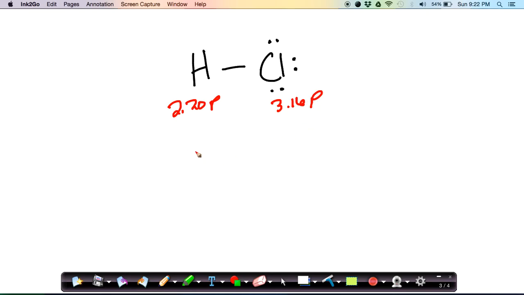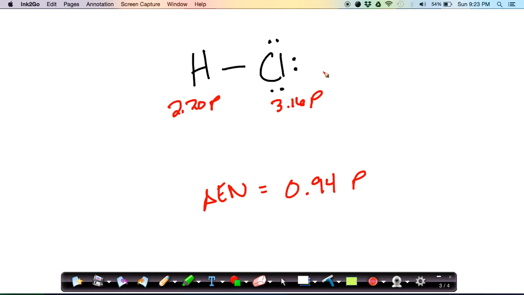So that would be a difference in electronegativity of 0.94 Pauling. So that is going to classify then as a polar covalent bond. It is greater than 0.4. It is less than 1.7. So we have a polar covalent bond.